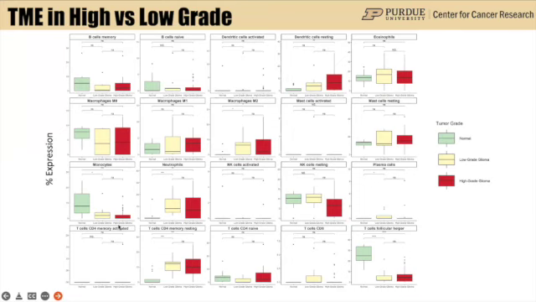And then we do see some differences in T cells. We see significantly more CD4 positive memory resting T cells in gliomas compared to normal. And then we see higher proportions of T follicular helper cells in normal compared to glioma.